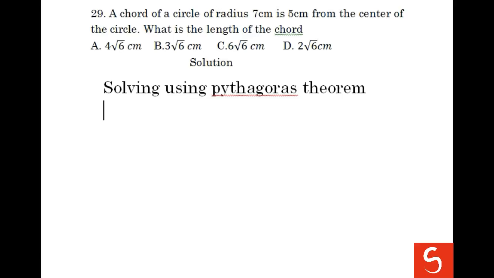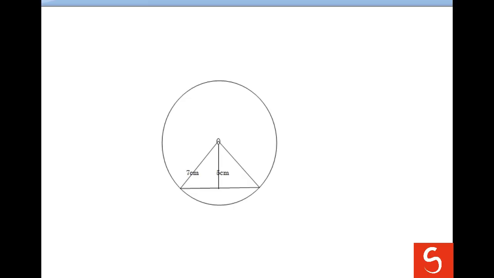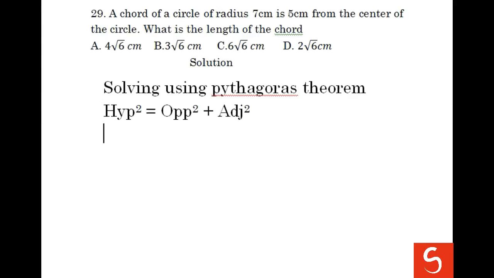So hypotenuse squared is equal to opposite squared plus adjacent squared. From the figure, the hypotenuse is 7, so we write 7 squared here.